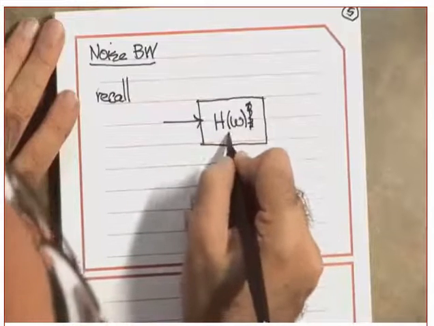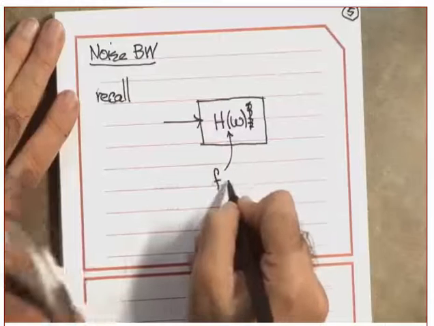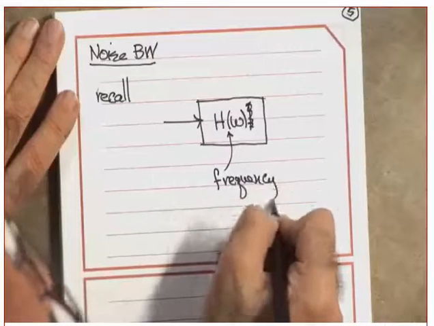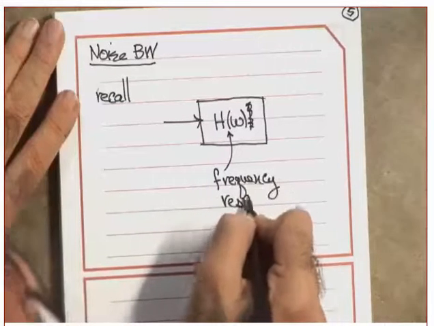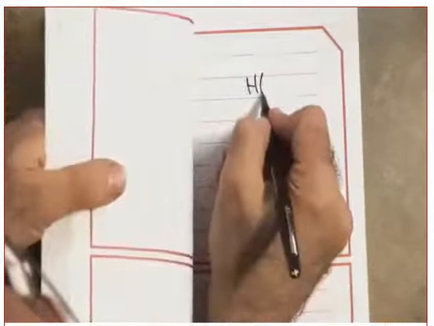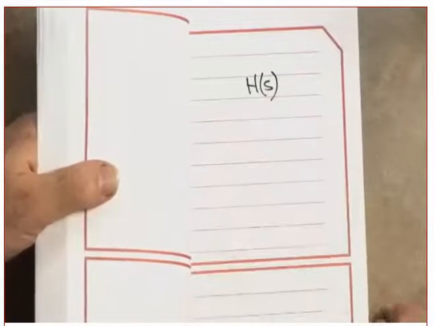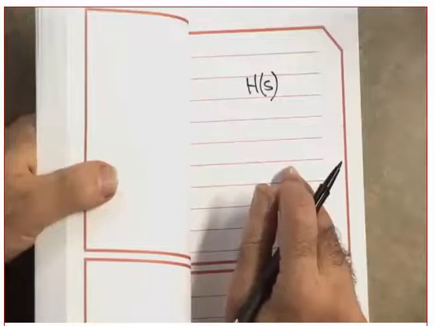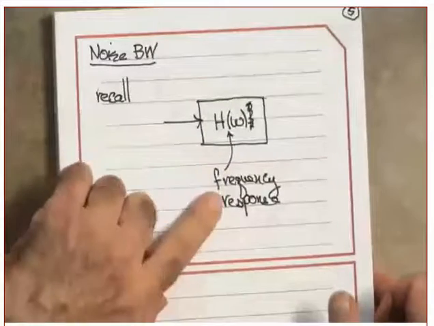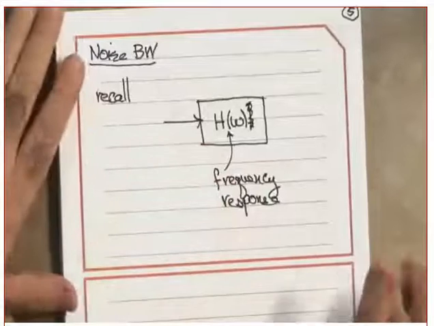What is H of omega called? Don't call it the transfer function, please. Call it the frequency response. When you use the transfer function, it means H of s, Laplace. Don't use transfer function. Use the frequency response. Okay.